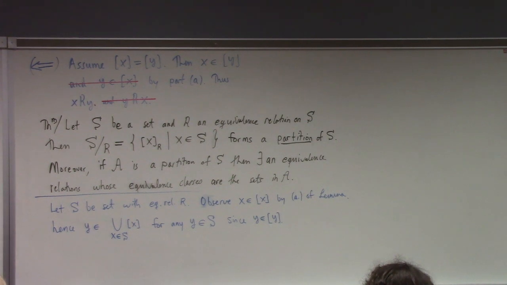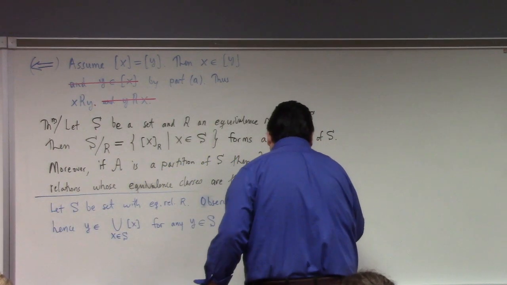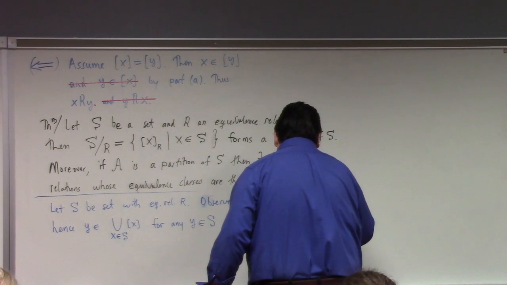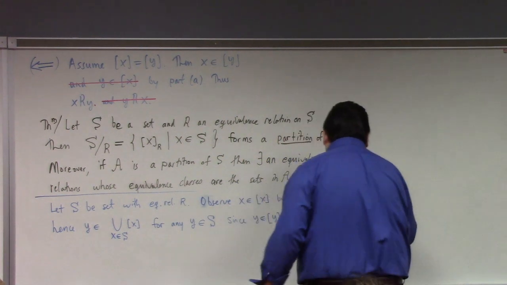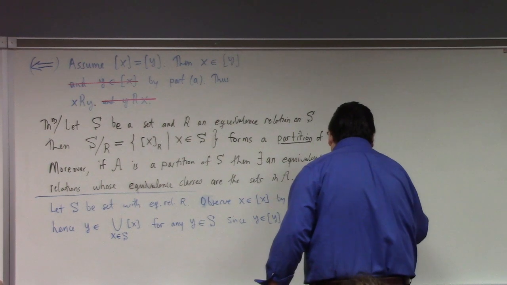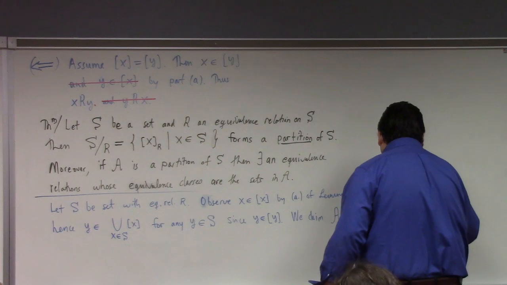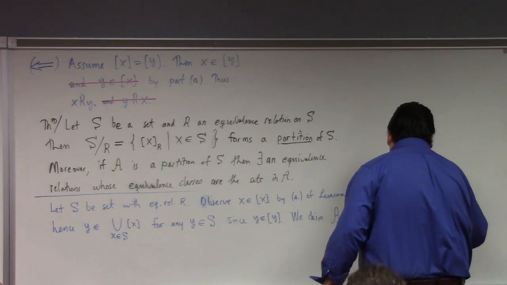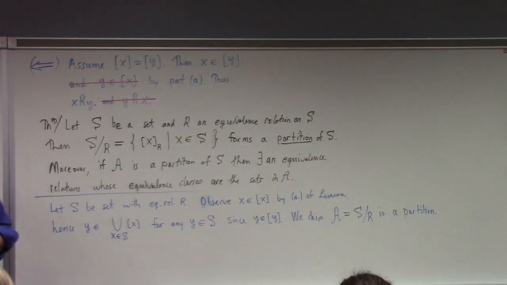Furthermore, we claim that A equals S mod R is a partition. So I've already given you evidence that the union of the sets in the partition gives you the whole set, right?